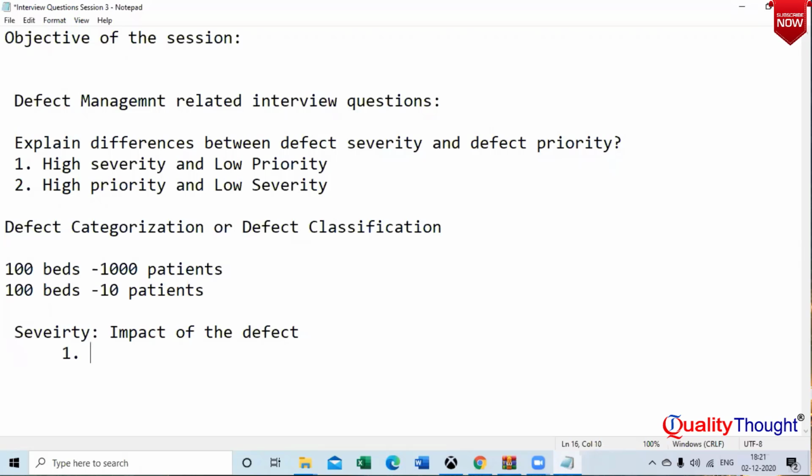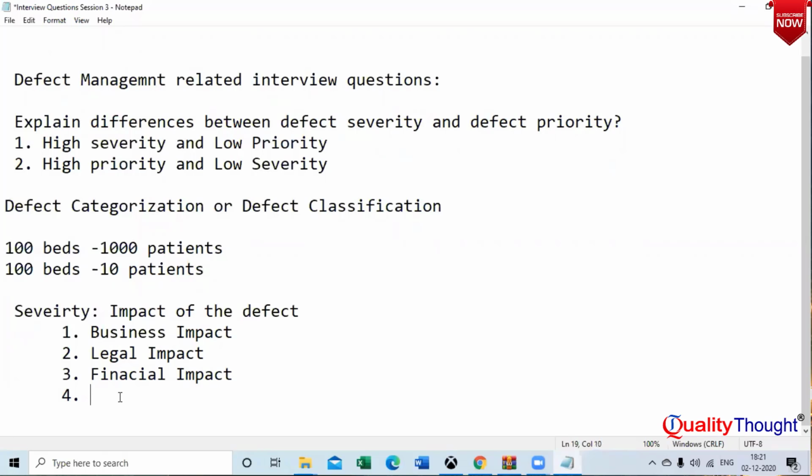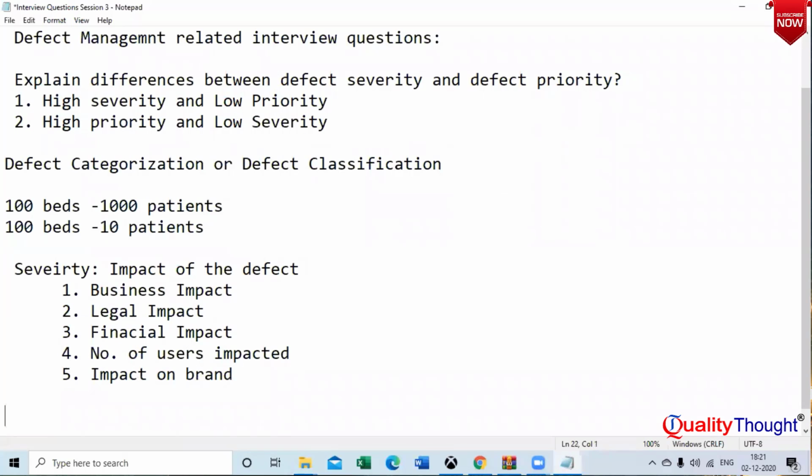You can call it business impact, legal impact, financial impact, number of users impacted, impact on the brand.